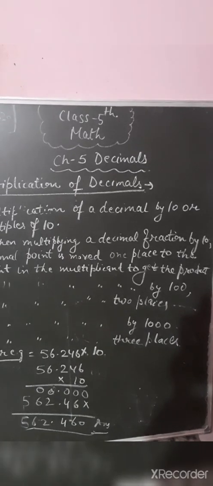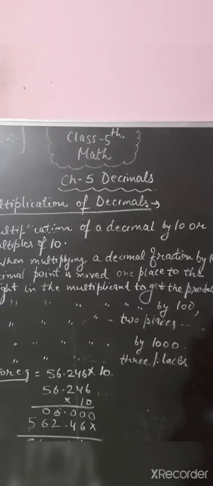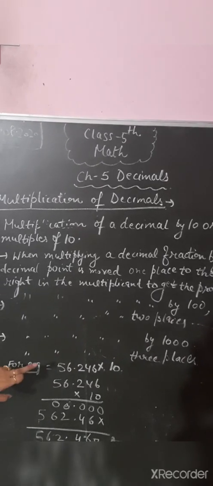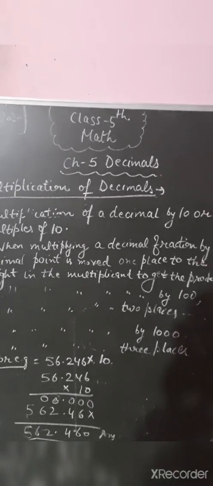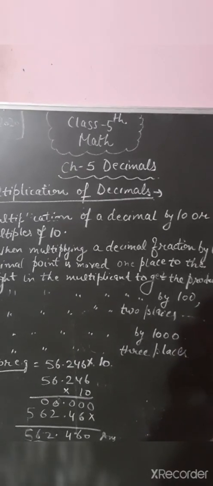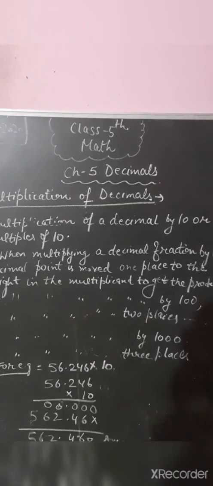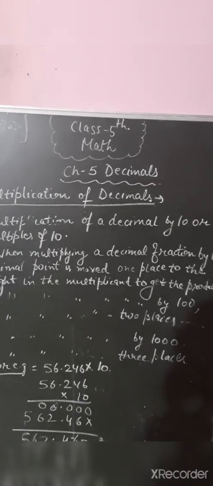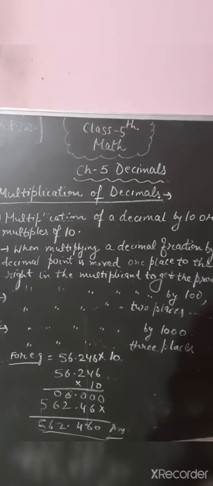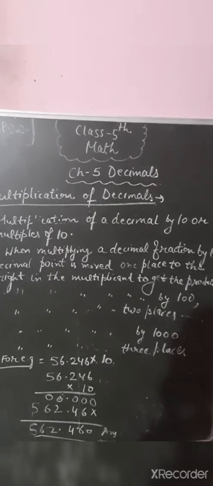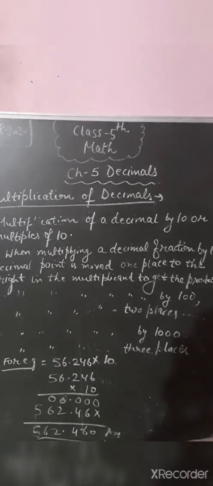Let us take one example. 56.246 multiplied by 10. So I have multiplied 56.246 by 10. When we are multiplying, first of all you have to multiply by 0, right? After that by 1. The decimal point will move 1 place to the right.